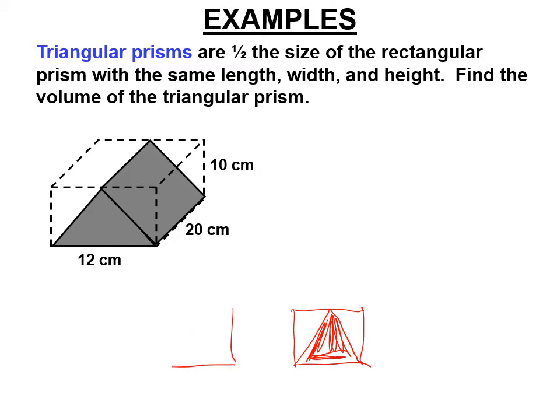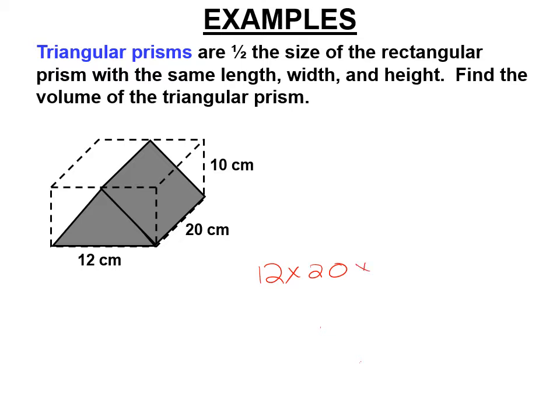Now, same thing here. This triangular prism is half the size of the rectangle. So now there is a formula for the triangular prism volume, but do you really need it? It's half the size of the rectangular prism, right? The rectangular prism would be 12 times 20 times 10.